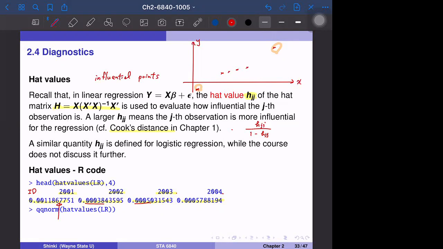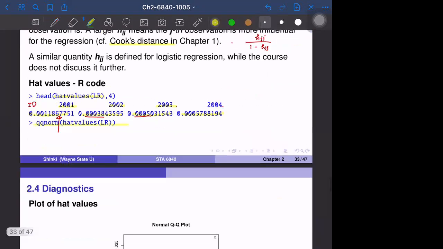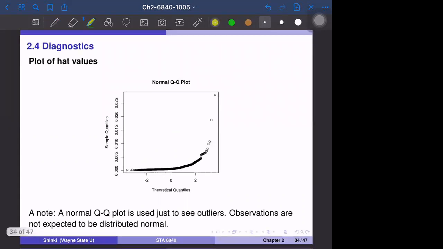To see the distribution of these hat values of logistic regression, we can make a QQ plot. This is the normal QQ plot here. You can see that there are a few observations with large influence.